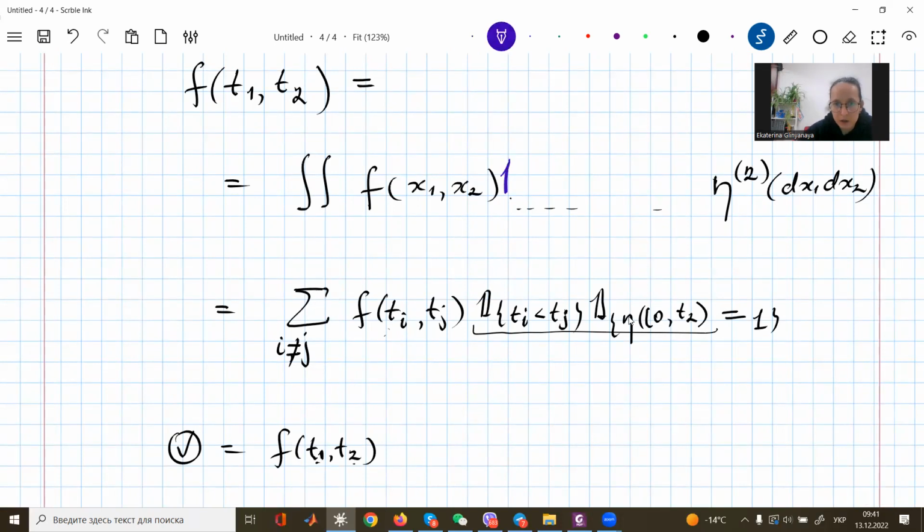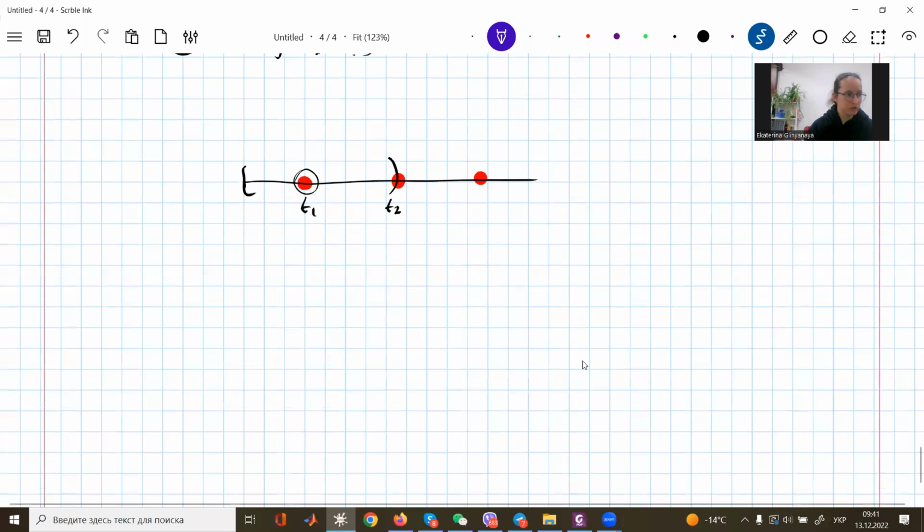So here I will write the integral where x1 is less than x2 and indicate that eta of 0 to x2, not including x2, is equal to 1. So this is the idea, and we can generalize it.